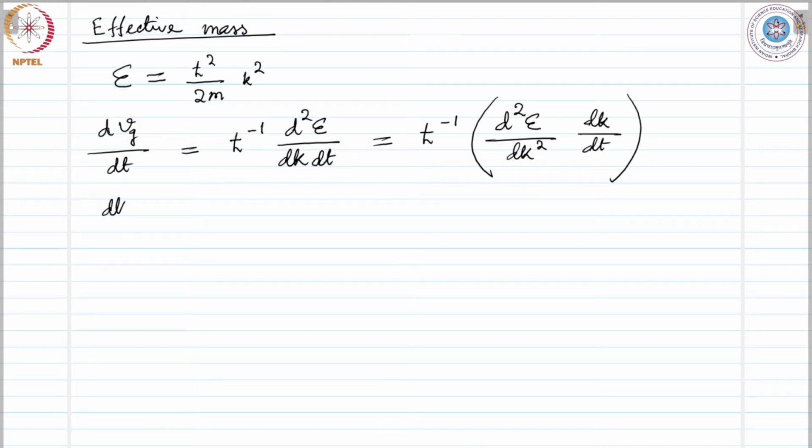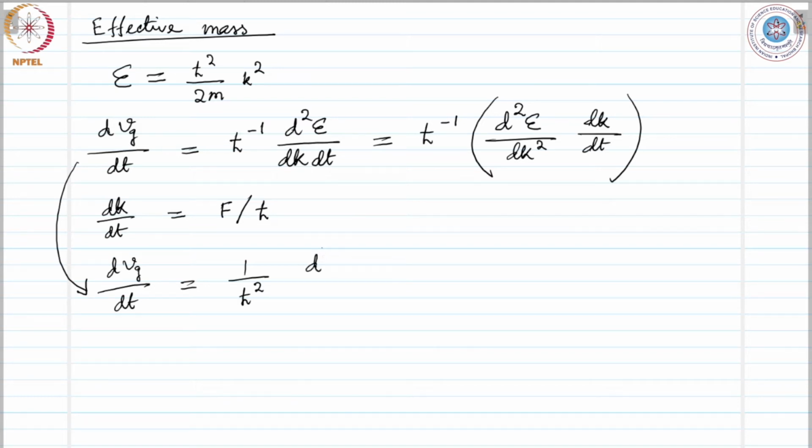We know that dk/dt is force over ħ, and if that is so, then dVg/dt can be written as 1 over ħ² d²ε/dk² times the force.